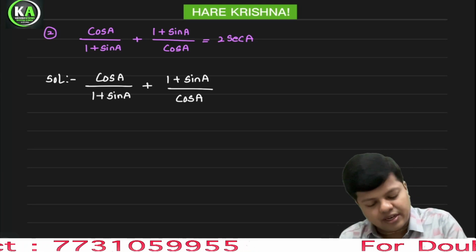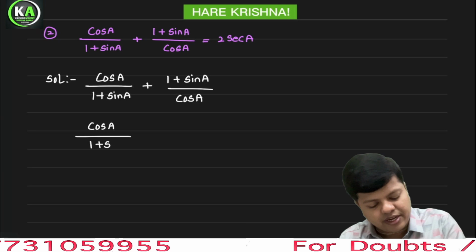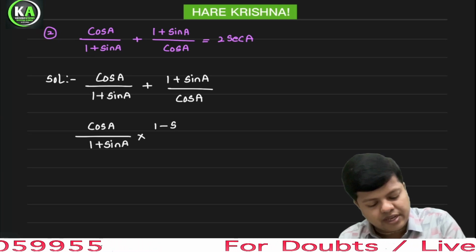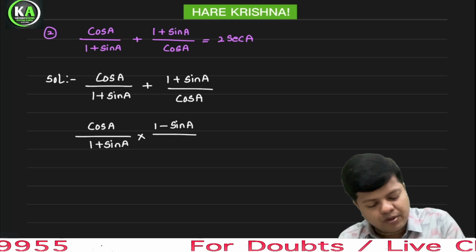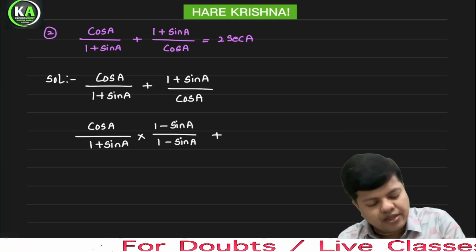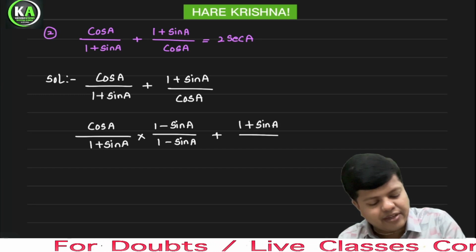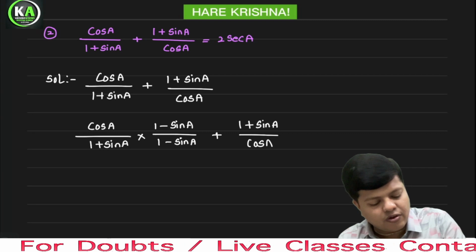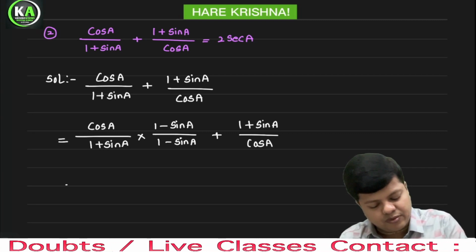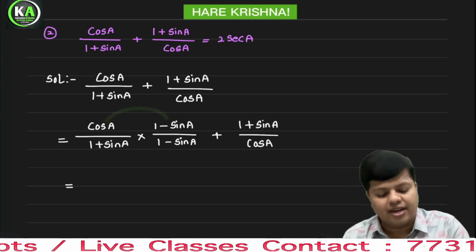So rationalizing only the first part, cos a by 1 plus sin a into 1 minus sin a by 1 minus sin a plus 1 plus sin a by cos a, don't change that, write as it is. Okay sir. Next step, in numerator cos a into 1 minus sin a will be written like that only.